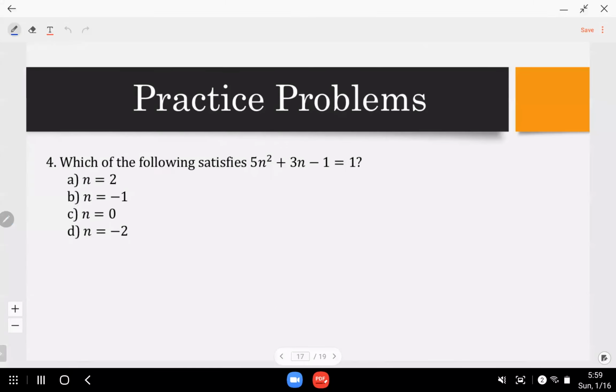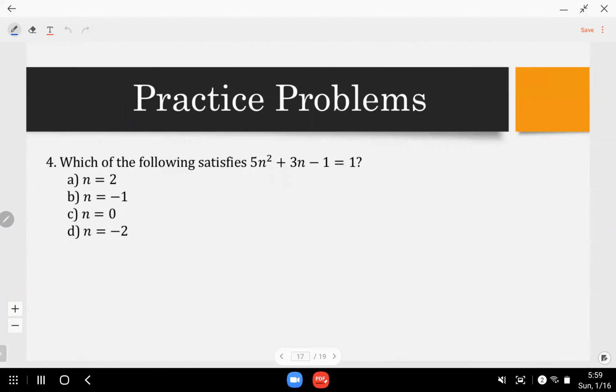There's a very fast way you can do this problem. First of all, look over all of your answer choices and then look at this equation right here. Pay attention to big exponents. Whenever you're doing these kinds of problems, pay attention to big exponents, because 2 squared is going to be 4, 1 squared is going to be 1, right?